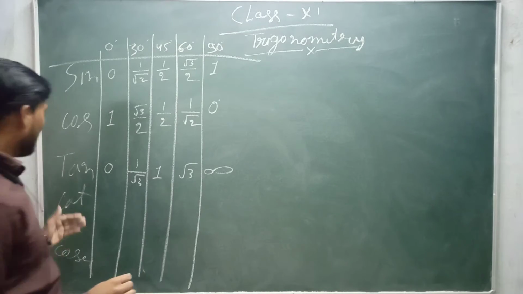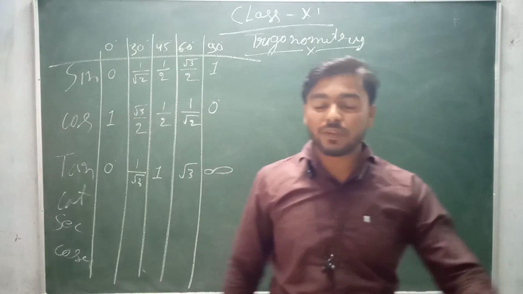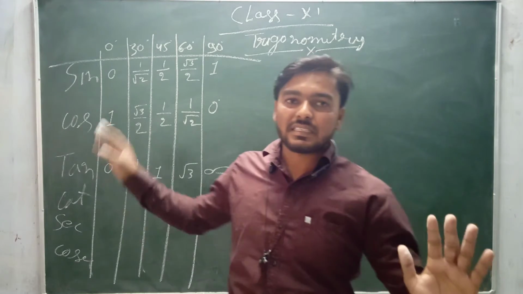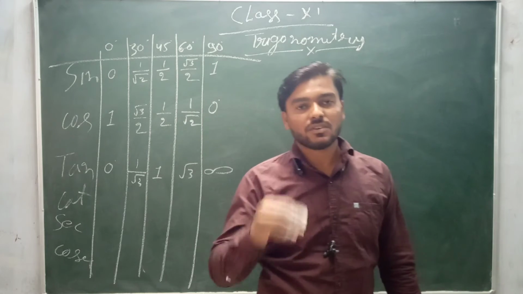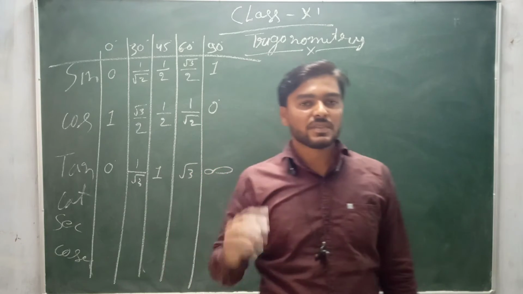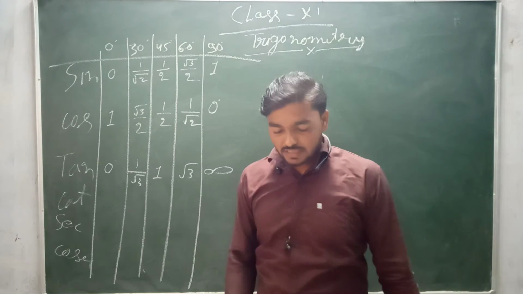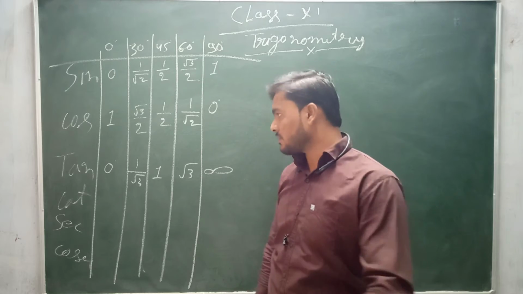Now there is a relation among the 6 trigonometric functions. We have 6 trigonometric functions: first sine, second cos, third tan, fourth cot, fifth sec, sixth cosec. What's the relation?